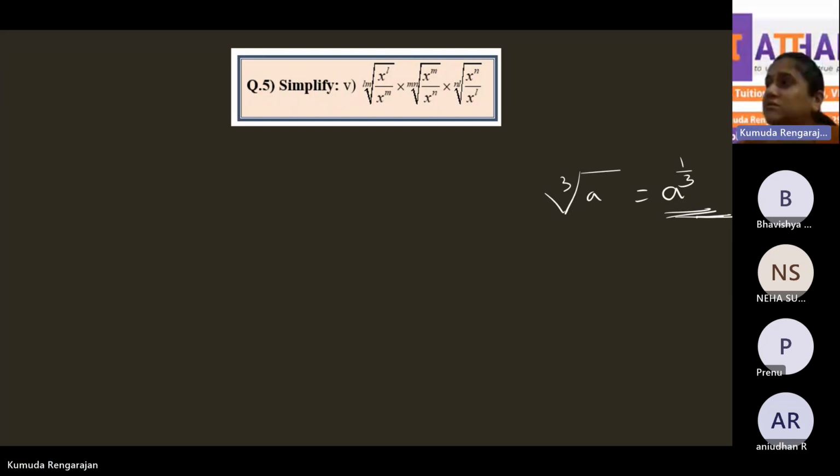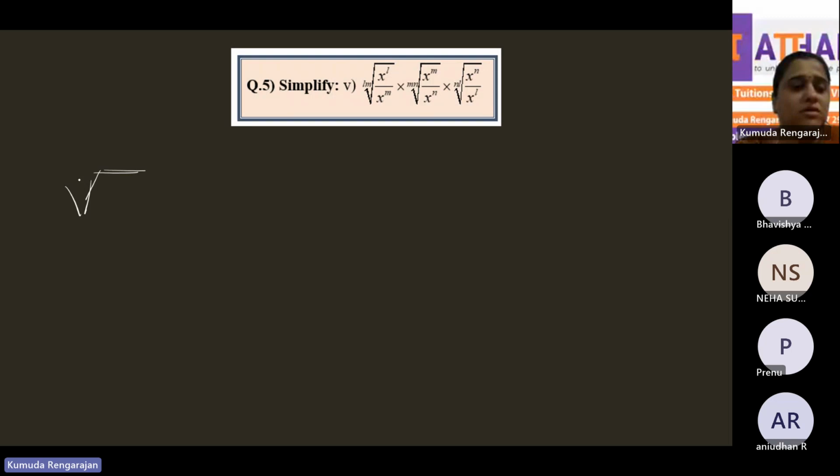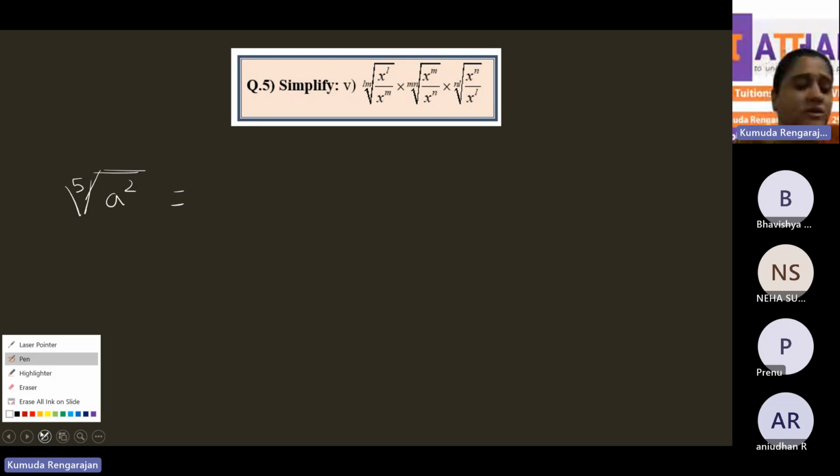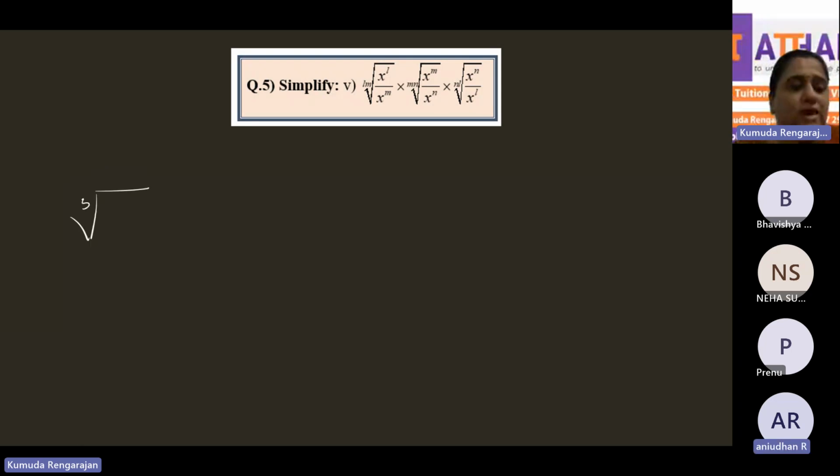Why, Laksha and Niveda? We have come very far down exponents. Why that doubt now? Tell me, what is the fifth root of a square? How do you write this in the exponential form? Aniruddhan?